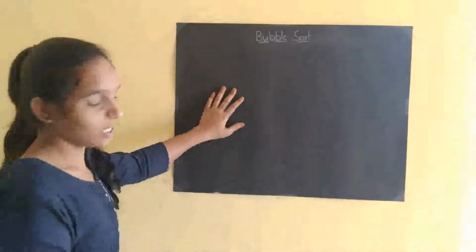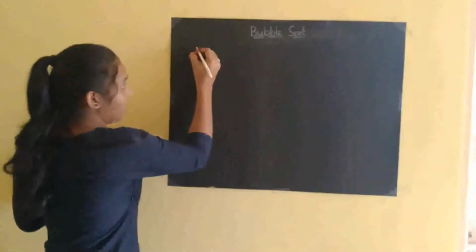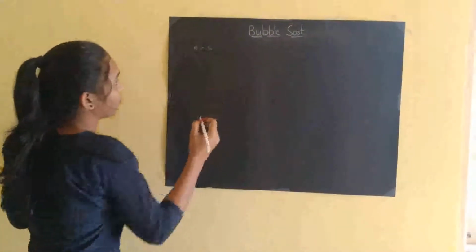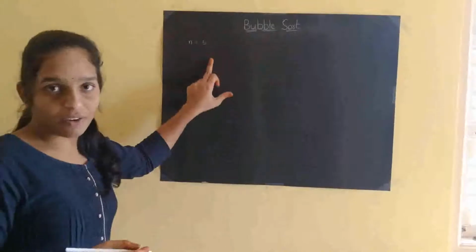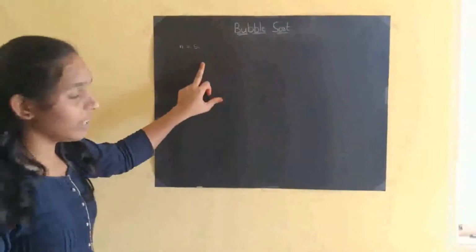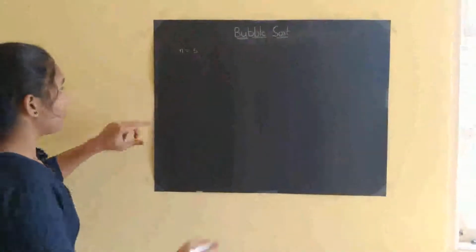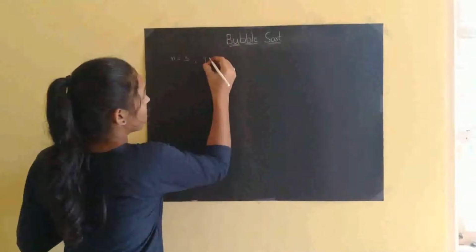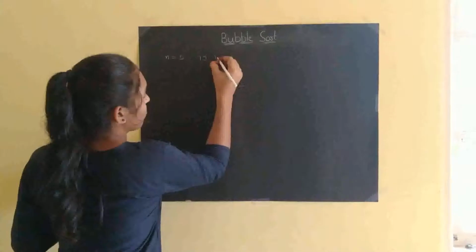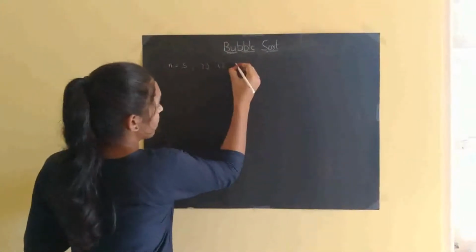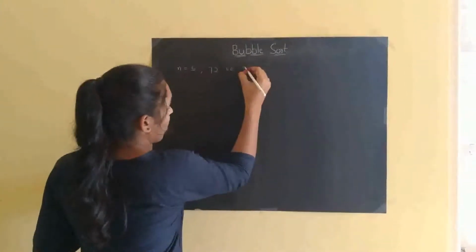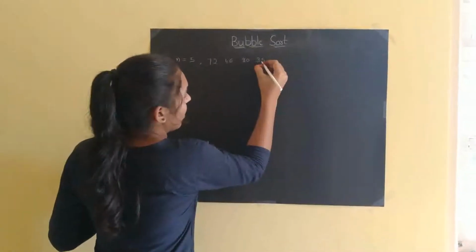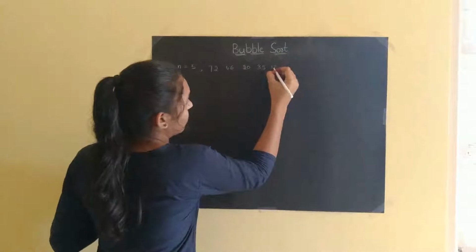Now let me see the example. If we have n equals 5, that means 5 elements are in this particular array, and the array elements are 72, 46, 20, 35, 12.